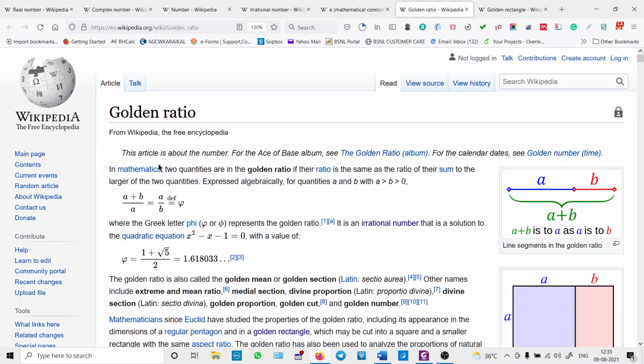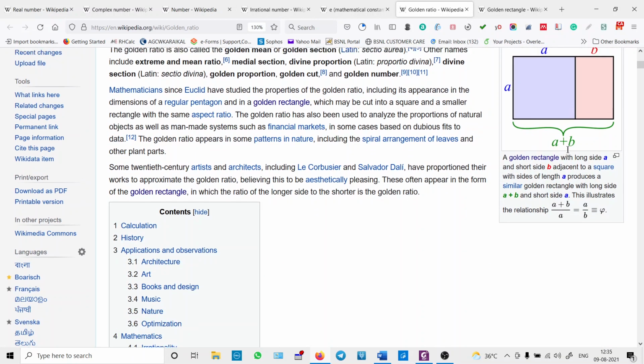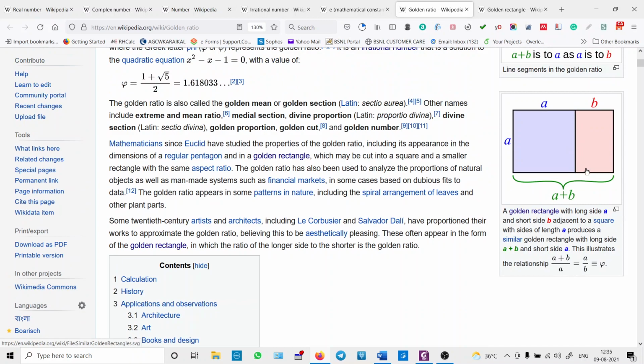Golden rectangle means it should satisfy this condition. This A and B should satisfy that condition. Then they create another golden rectangle.